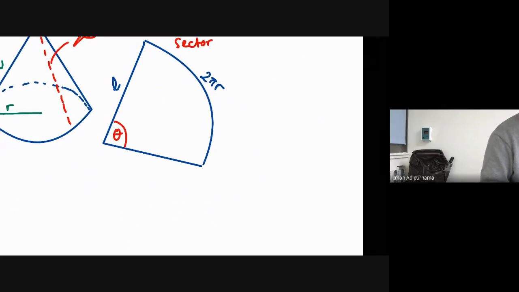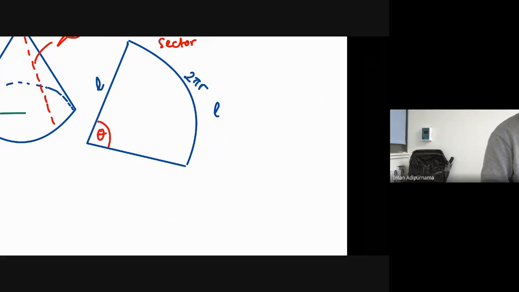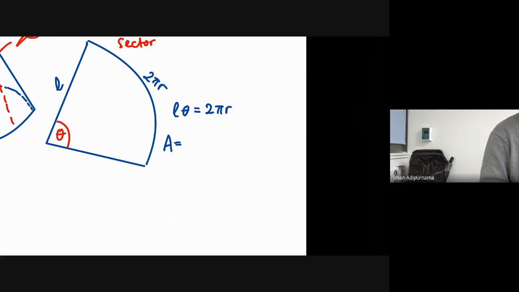Based on the sector, this is equal to pi r. So the area, if you want to include all the terms here, is theta over 2 pi.